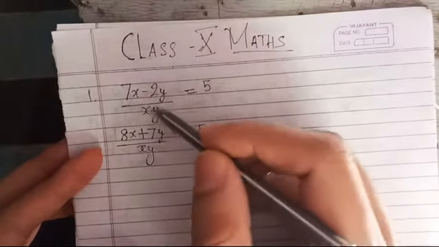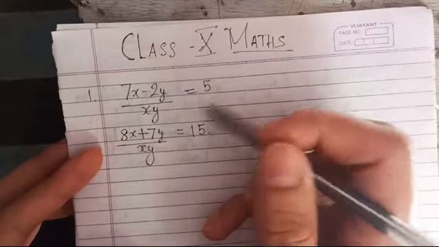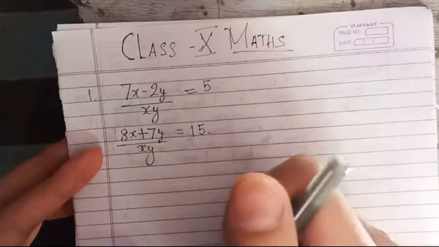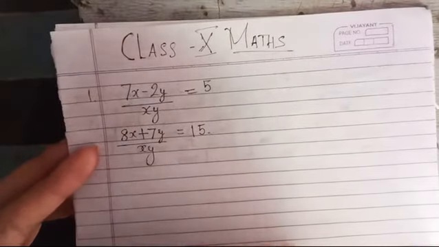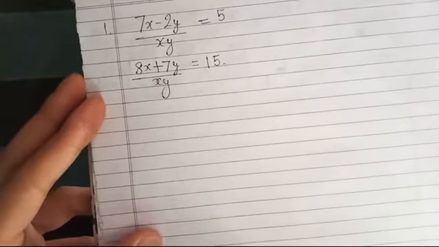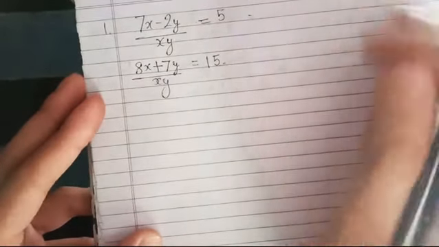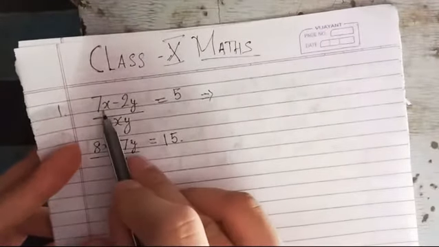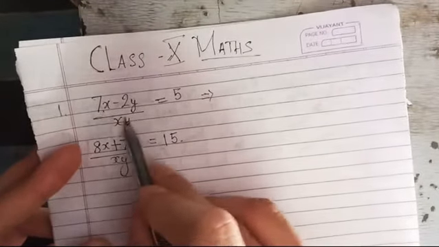look at the equation. 7x minus 2y upon xy is equal to 5. 8x plus 7y upon xy is equal to 15. Now first of all we will divide each and every term of the equation by xy.